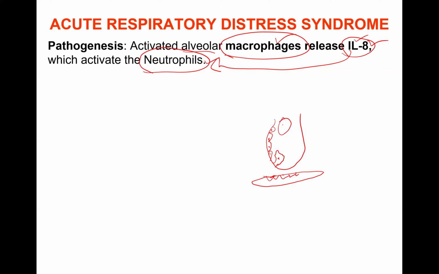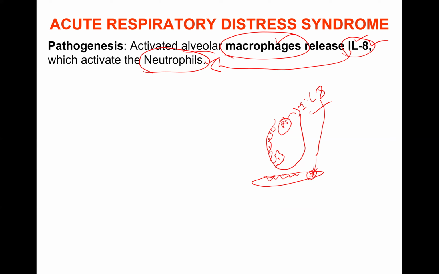So these are the macrophages which release interleukin 8, which activates the circulating neutrophils. Interleukin 8 activates neutrophils.